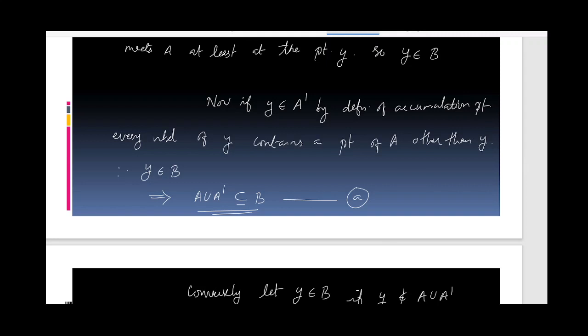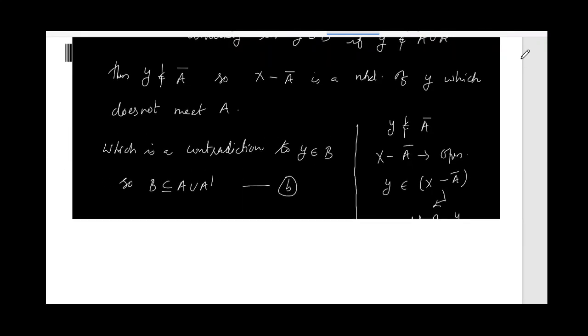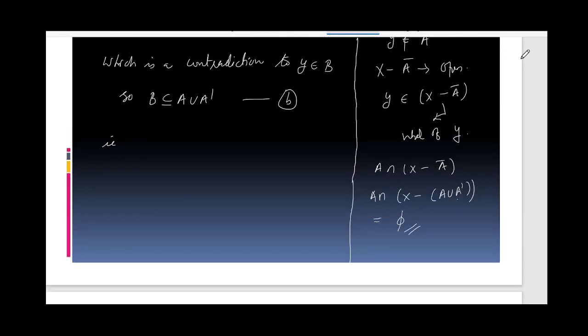You will get A union A dash is nothing but B. That is, A closure is B. That is, A union A dash is equal to B, or A closure is equal to B. So we have proved that A closure equals B.